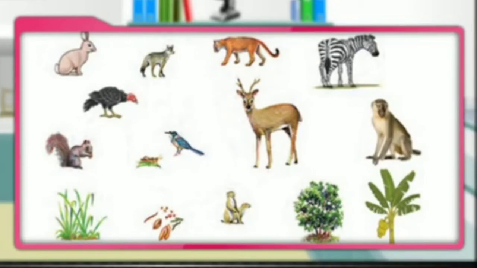You need to construct a food chain from those pictures and also a food web. And you need to find out, is the number of consumers fixed in a food web or not? And why is the balance of equilibrium necessary in the food web? Okay children, will you do this activity?